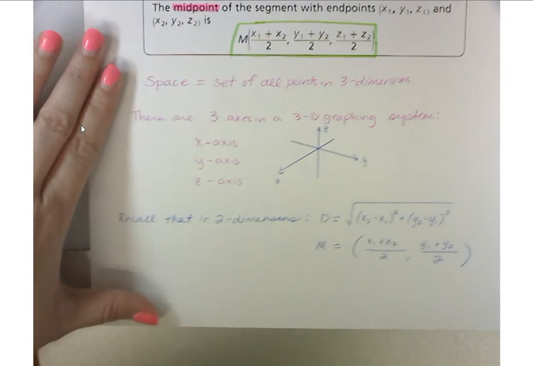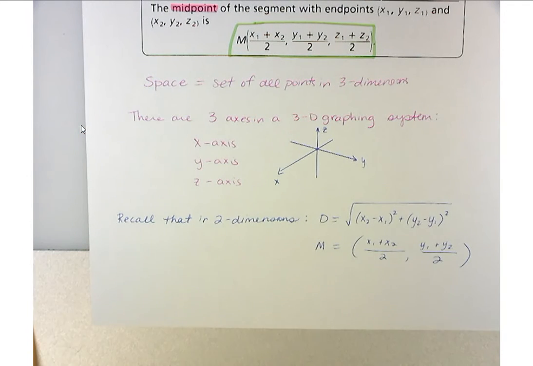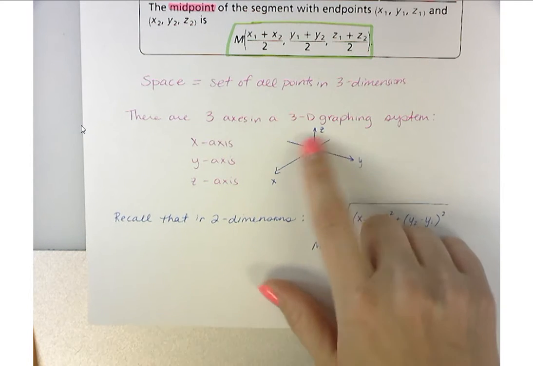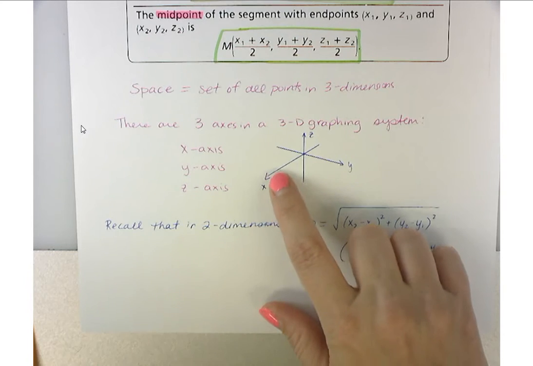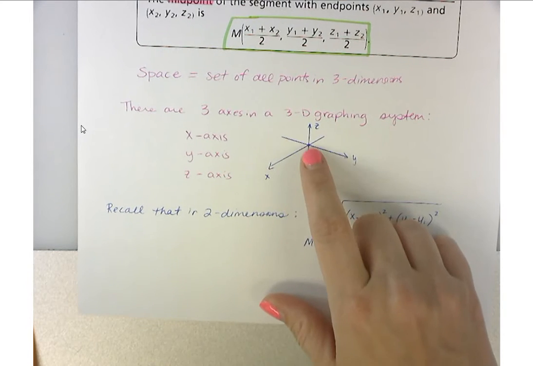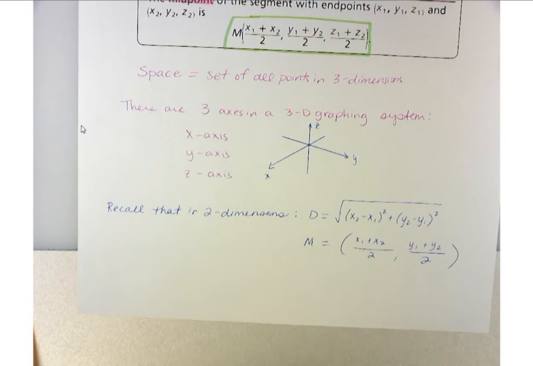Okay, so a couple new things that we're introducing, and that's the space. So the space is the set of all points in 3 dimensions. And then, like I said, now there's going to be a z-axis. If you have a 3D graphing system, you have x and y, and then you have z as your vertical axis.